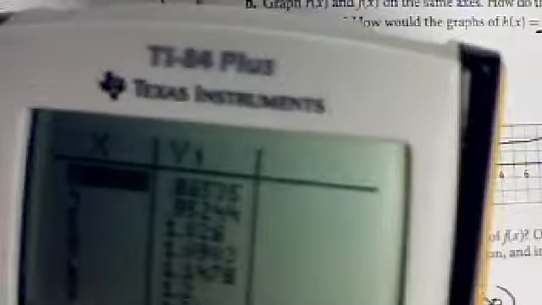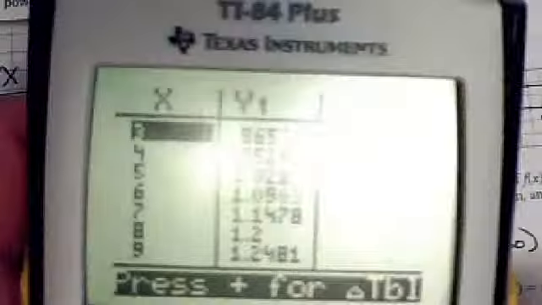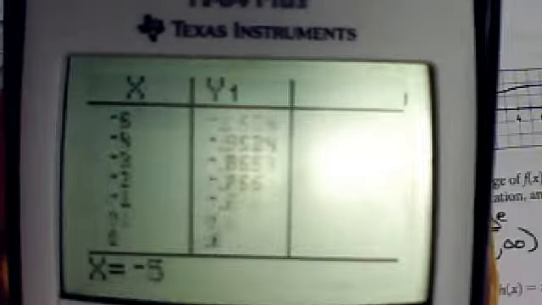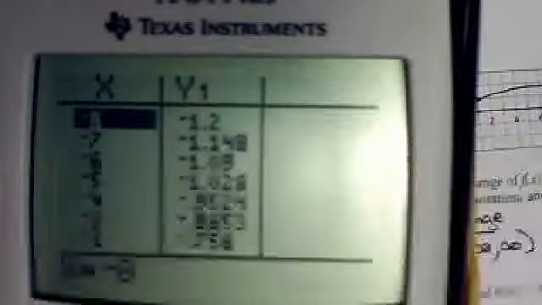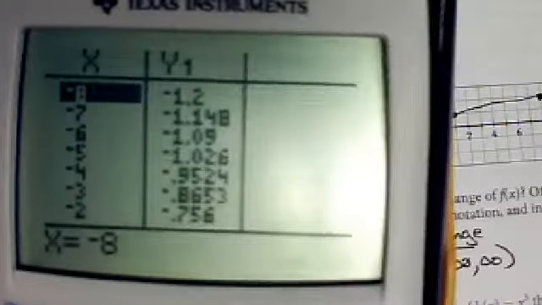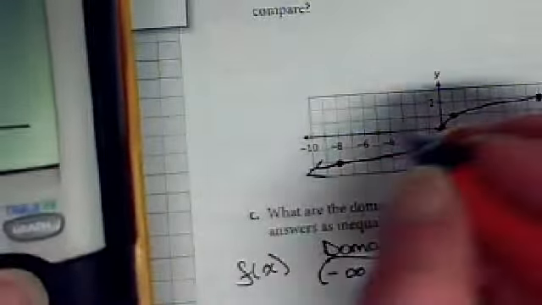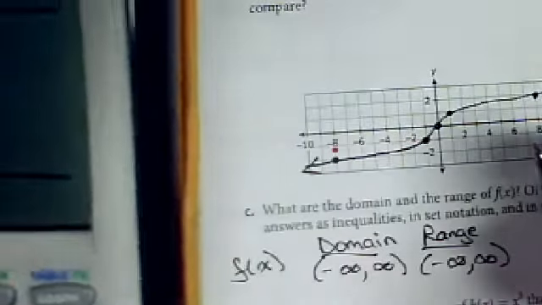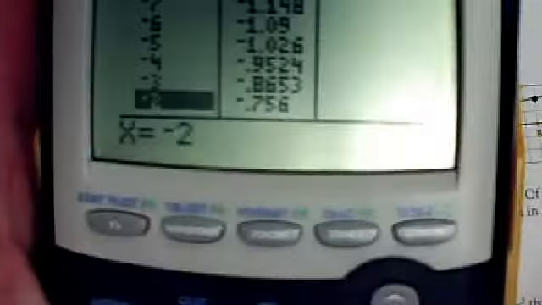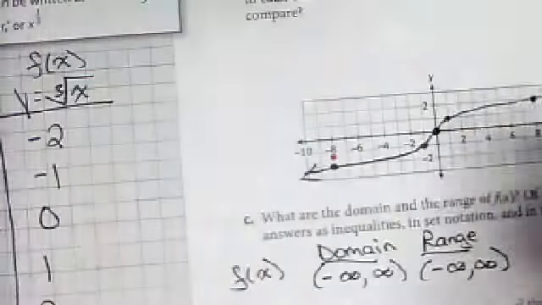Let's look at the table and look at some of those common points we had. Well, we had plotted -8, and it originally went to -2. This one's only going to go to -1.2. It shrunk just a little bit. -1 originally went to -1. It's going to -0.6.